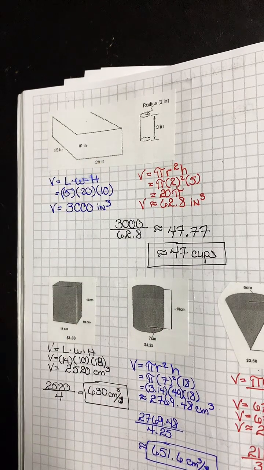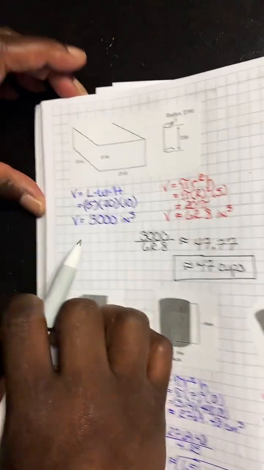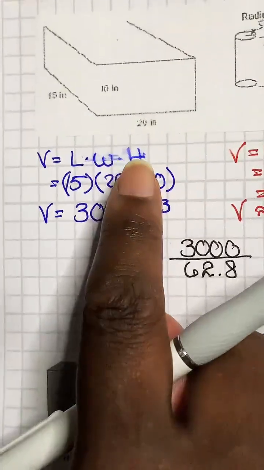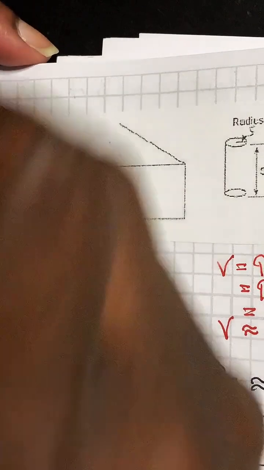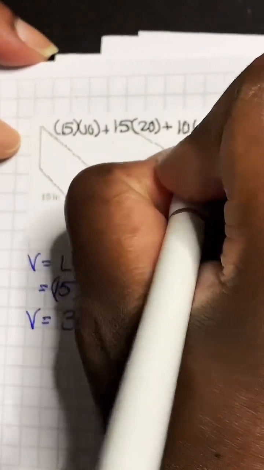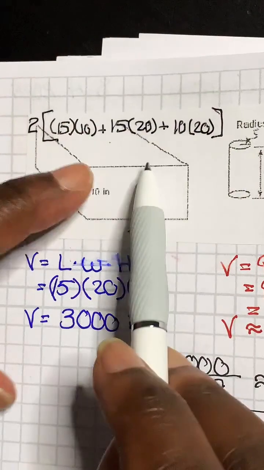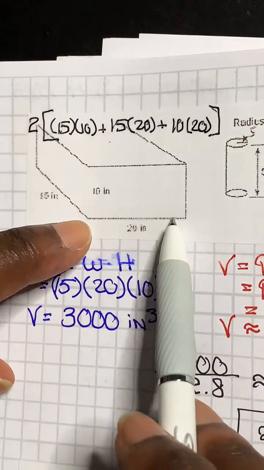So if I was, let me do a little side note. If I was looking for surface area for this rectangular prism, I know I would take the 3 sides that they've given me, and I would do 15 times 10 plus 15 times 20 plus 10 times 20, and then take all of that and multiply it by 2, because you have a base up top and you have a base down below.